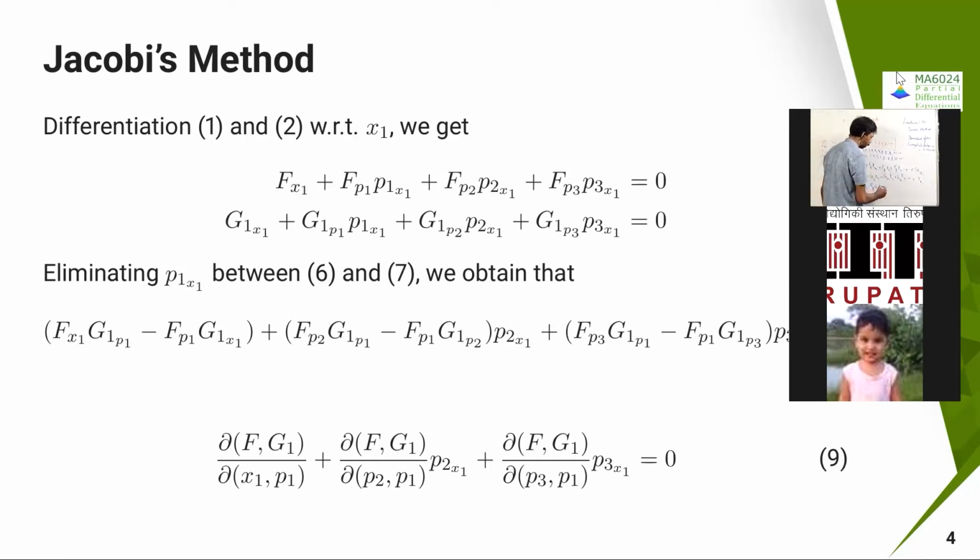Only this is going to be there, plus fp2 g1 p1 minus fp1 g1 p2 into p2 x1. Similarly, fp3 into g1 p1 minus fp1 into g1 p3 into p3 x1 is going to be there.